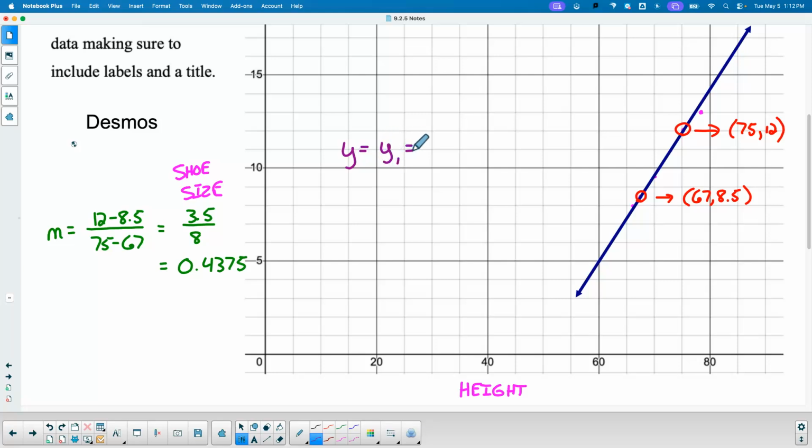Lower? So y is going to stay y. Okay? Y sub 1, you said lower, so that would be 8.5. My slope was 0.4375.